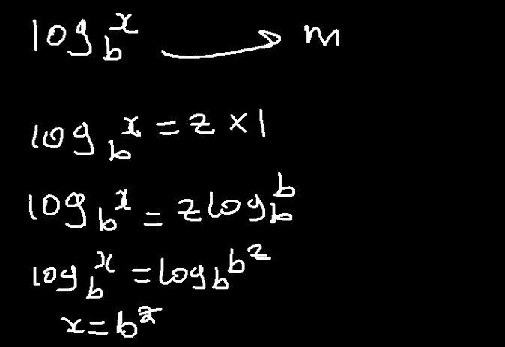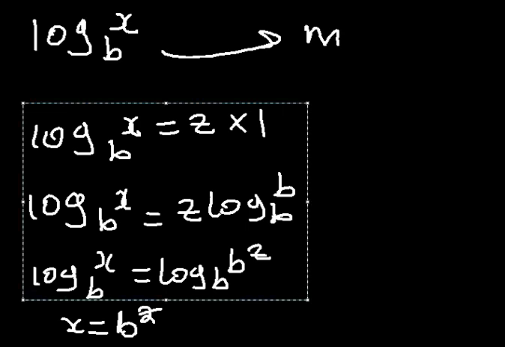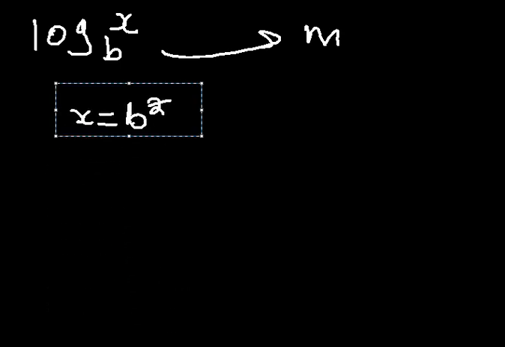So now, we are supposed to change the base of the log from base b to a base m. What is the essence behind this? We use the exponential form of the equation, which is this. Then we introduce a log of base m on both sides.